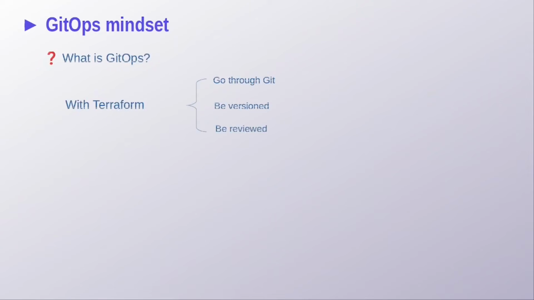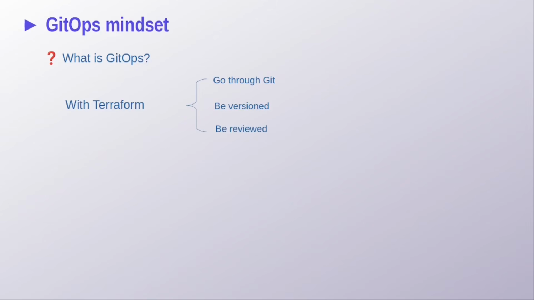GitOps. Now let's talk about GitOps. What is GitOps? GitOps means Git is the single source of truth. With Terraform, this means no manual infrastructure changes, no just this one-time fix, no clicking in production.